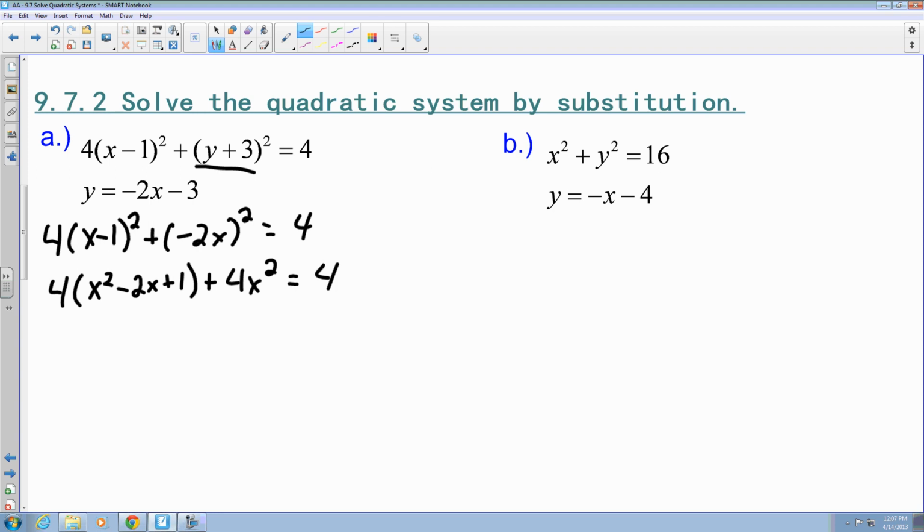Seems like each one of these has a 4 in it, so if I divide everything by 4, I'm left with x squared minus 2x plus 1 plus x squared equals 1.